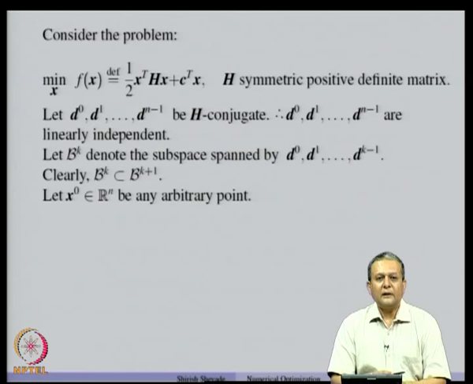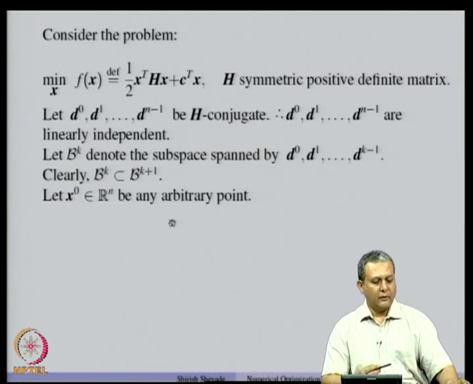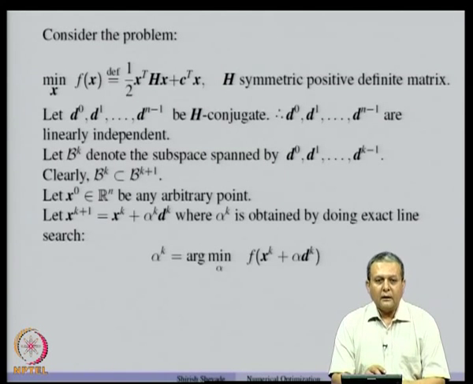Now, let us choose any arbitrary point x0 in n dimensional space, and as usual we use this formula where xk plus 1 is set to xk plus alpha k dk, where alpha k is obtained by doing exact line search, and I repeat that alpha is over the set of all possible real numbers.